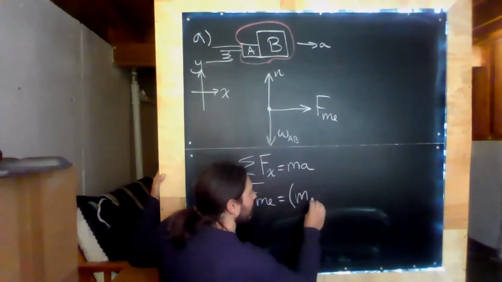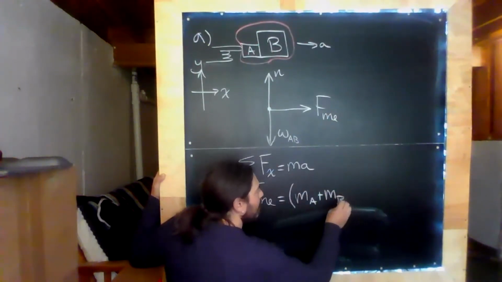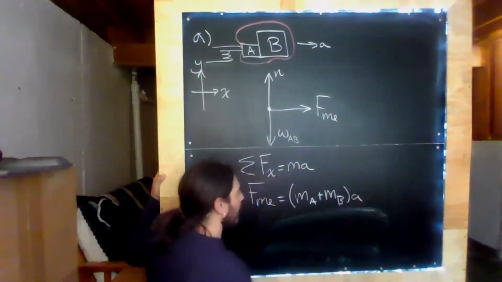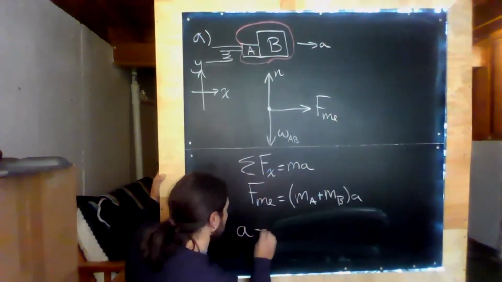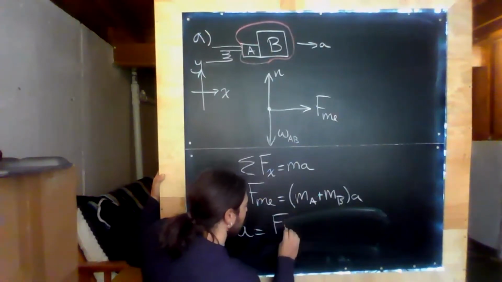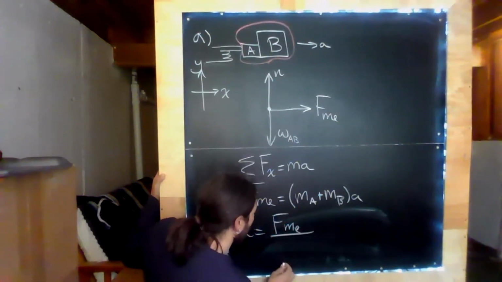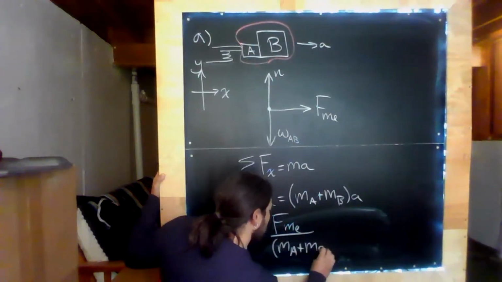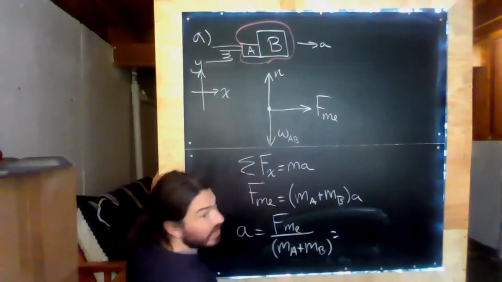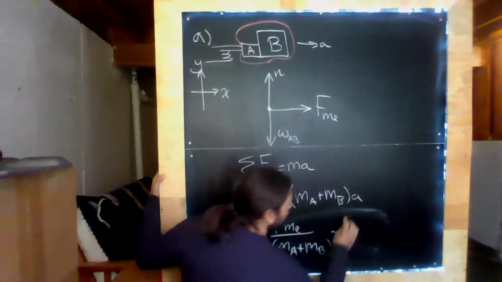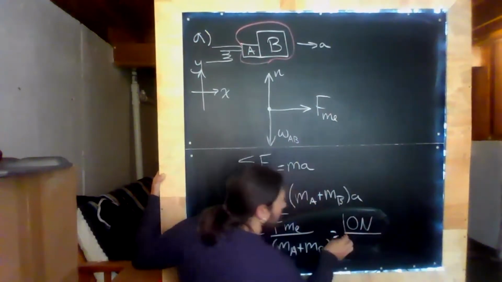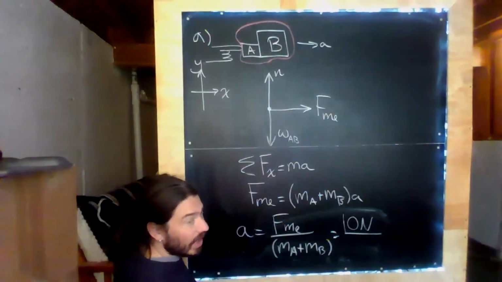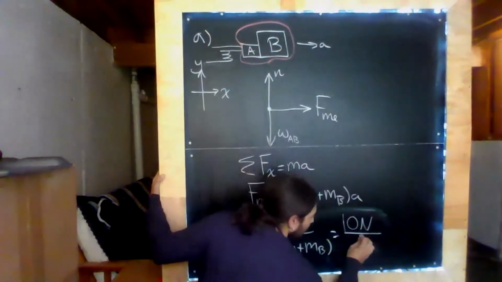Well, this must be the mass of A plus the mass of B. Why? Because that's our object of interest, times the acceleration. And so you can see that we can just easily now solve for the acceleration. Simply F me over mA plus mB. And so then that is 10 newtons divided by the mass of the blocks together. We've got a 1 kilogram and a 4 kilogram.